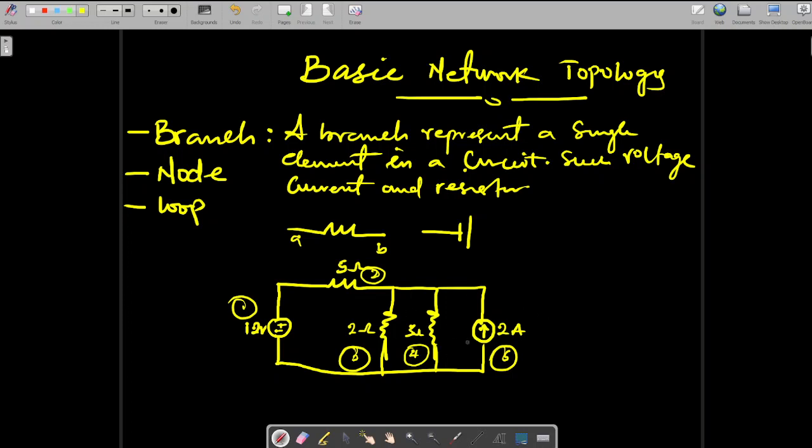So the circuit has 5 branches, and when you look at each branch, you see that they have 2 terminals. This is terminal 1 for the voltage, and terminal 2 for the voltage.